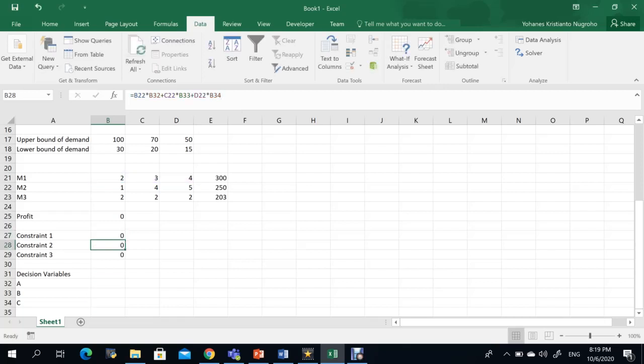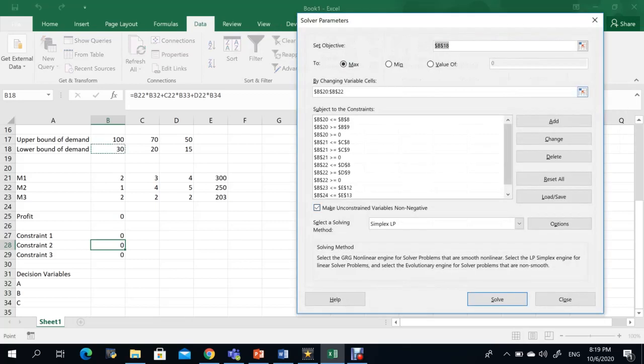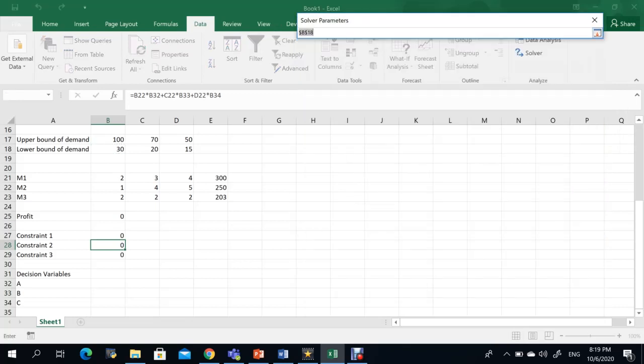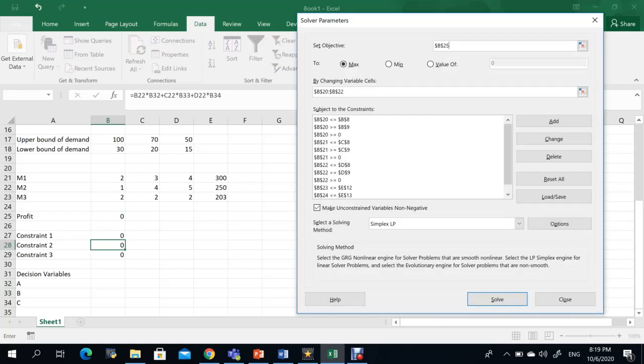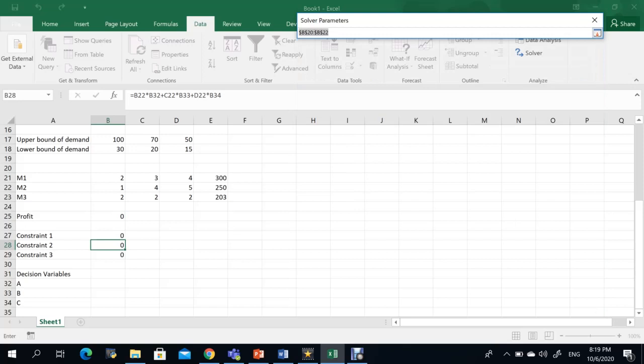Now we can compose the optimization model by using Solver, and we just press Solver here. First we have to maximize profit, this profit, by changing the decision variables here.